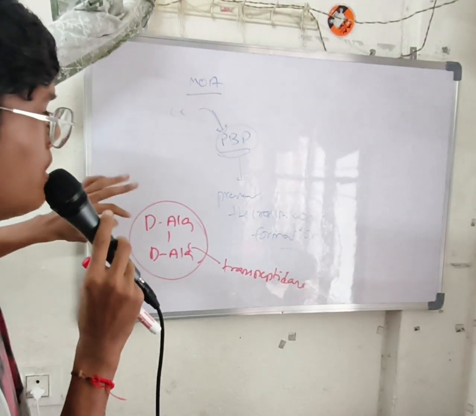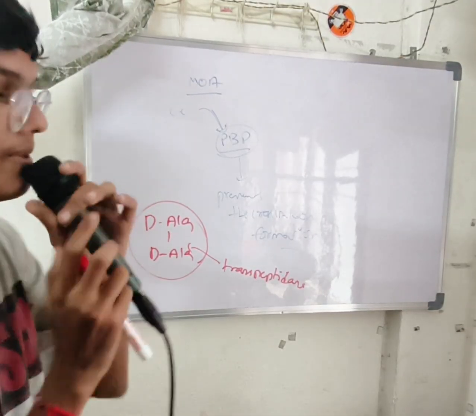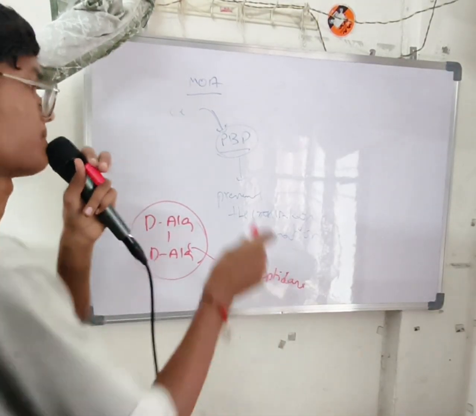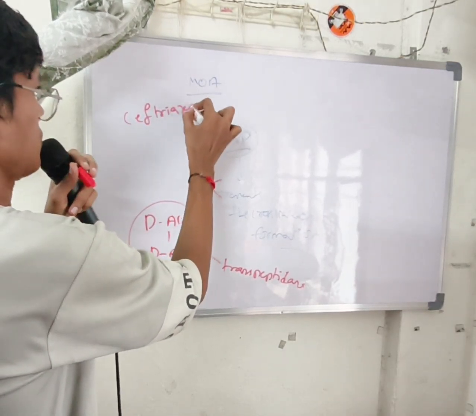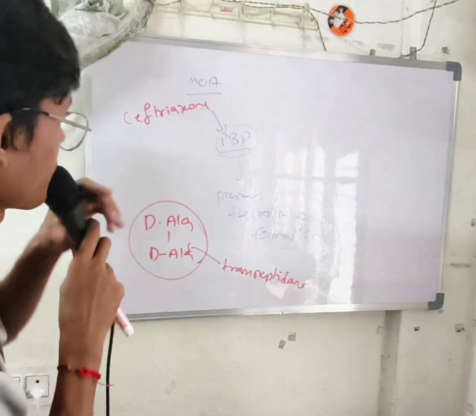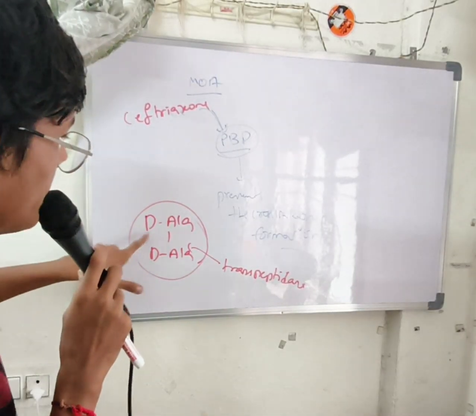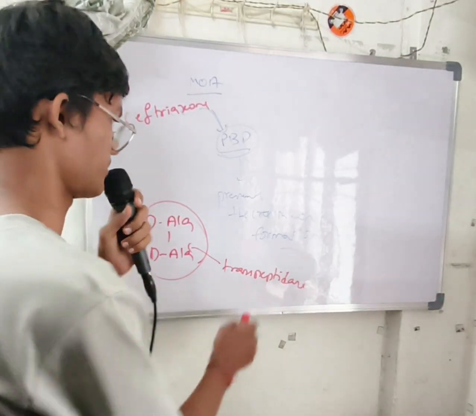This D-alanine sequence is mimicked by our ceftriaxone drug. Ceftriaxone, which is a cephalosporin, mimics the D-alanine sequence and inhibits the transpeptidation.